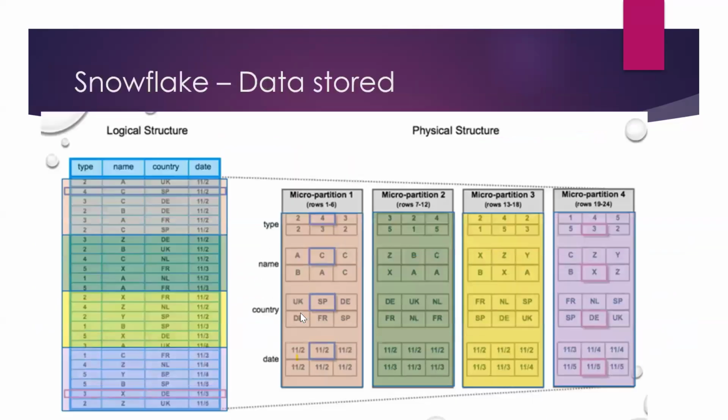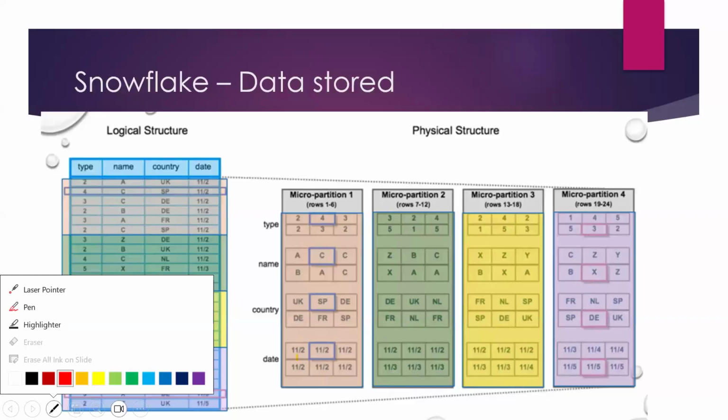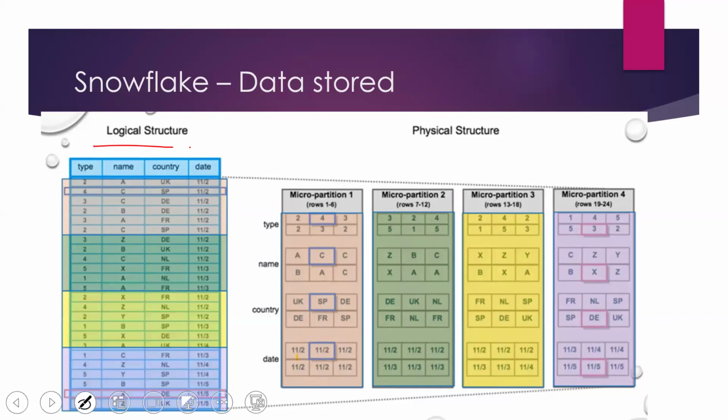We'll see. Here I have some logical structure. Logical structure means I have one table with 4 columns. Column names are type, name, country, date, and there are 24 rows. Whenever you load this data into Snowflake, physically it will store like this.